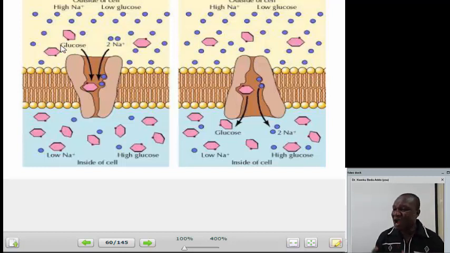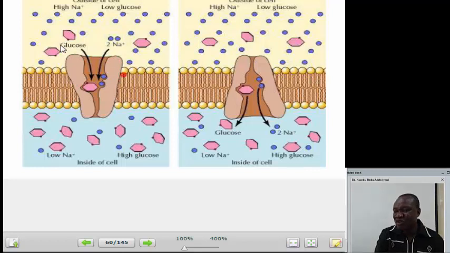Now, these carrier systems can be uniports or symports, or antiports. Now, symports would carry two particles in the same direction.